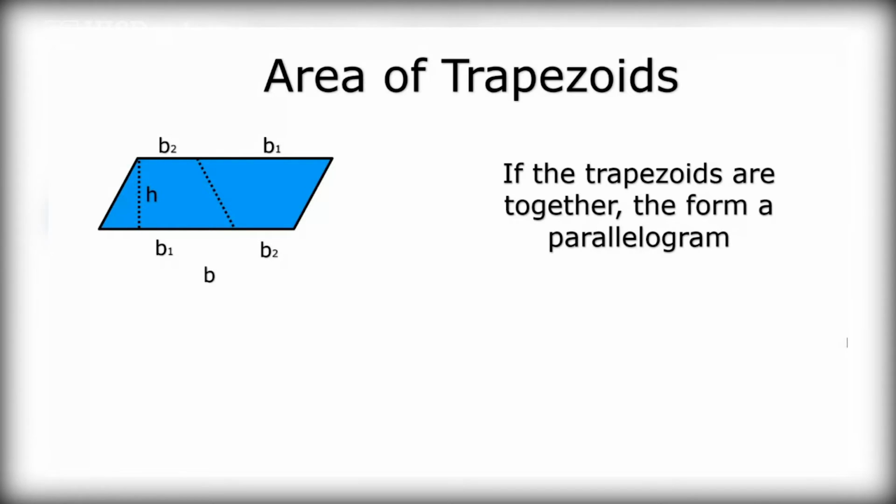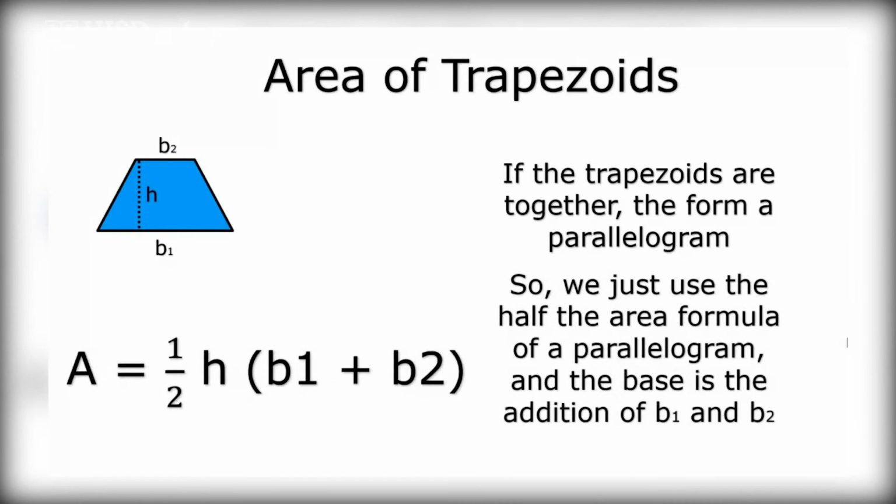So in order for us to be able to find the area of a single trapezoid, the only thing that we have to do is to take the formula of the parallelogram and then get half of that.